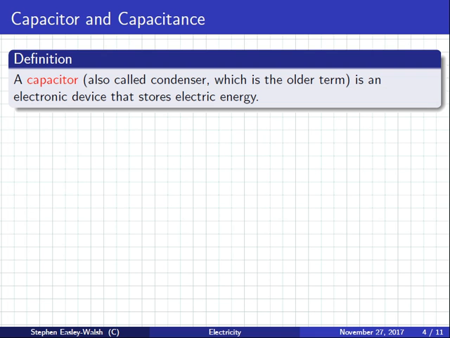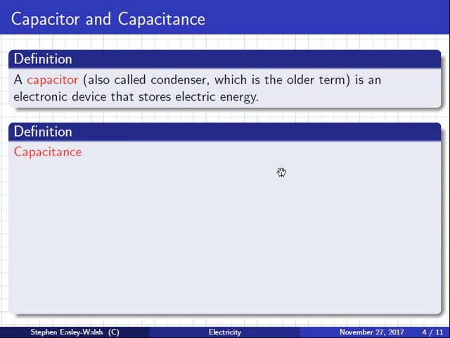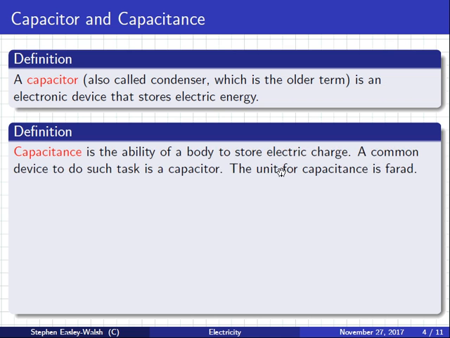Got that? Yes. So we need some way to measure how big our capacitor is. Can our capacitor hold a lot of charge? Maybe it can only hold a little charge. So we need a new unit to measure something that we call capacitance. So capacitance is the ability to hold a charge, such as a capacitor, and the unit is the farad.